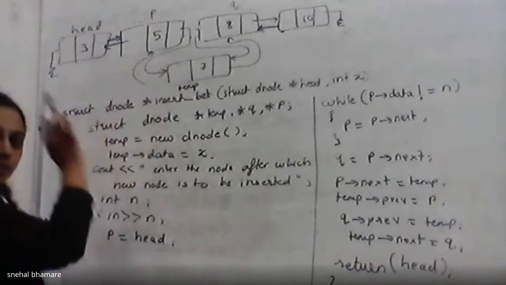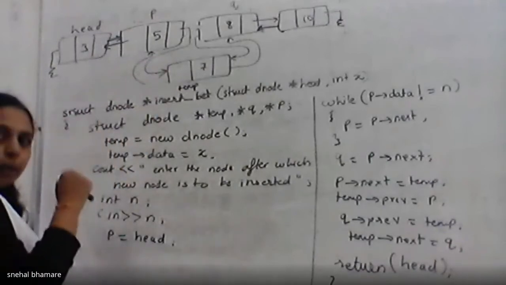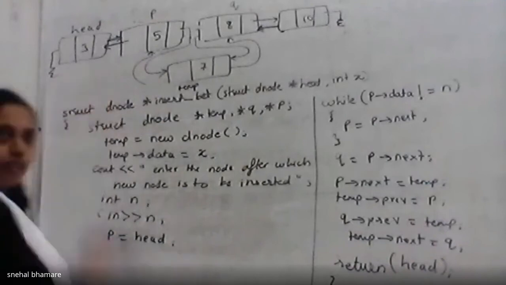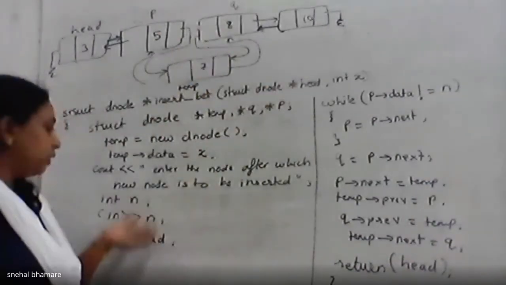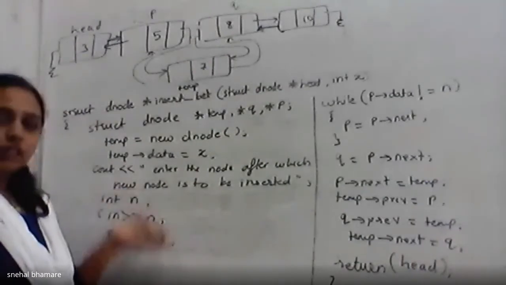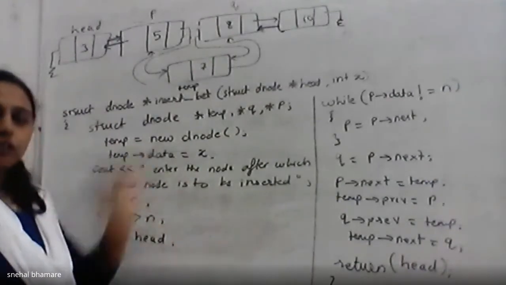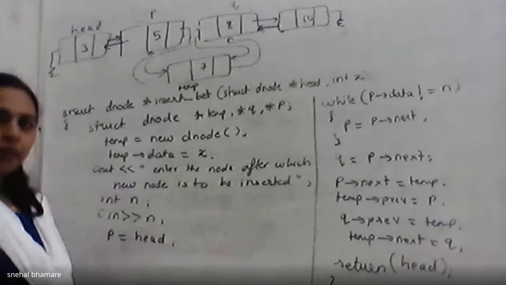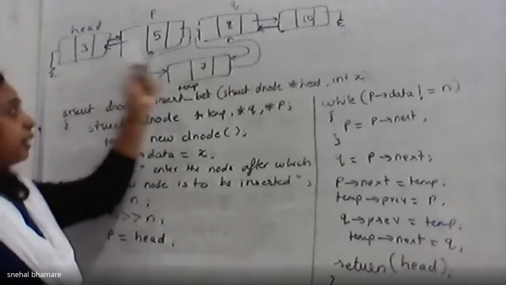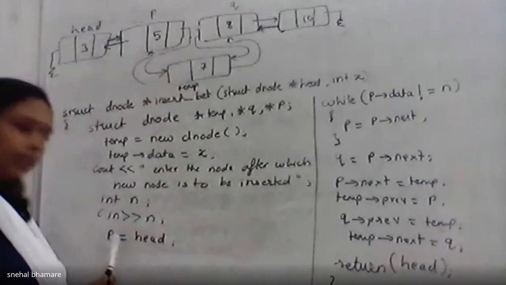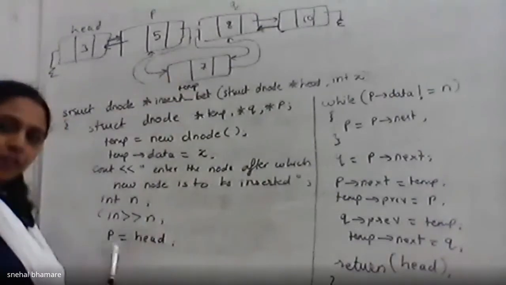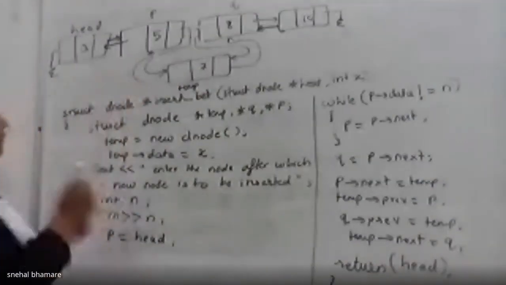But logically when we are going to implement it, we just have a reference of head. We don't know the exact location of that node, that is the 5 node, after which we want to insert a new node, right? So we have to travel from the start to that node to point it out, right? So we will take that p variable, initially it will point to head, so p will point first to this location.